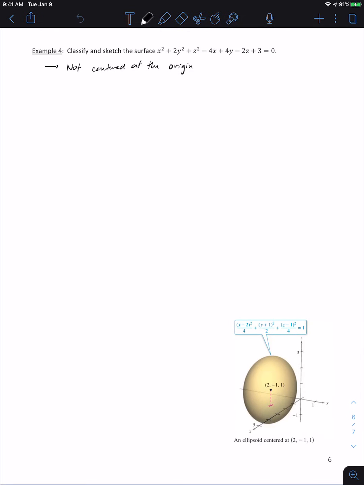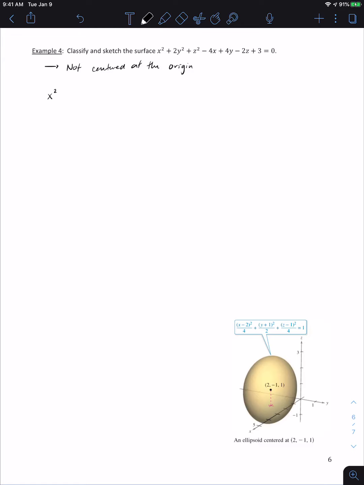And so this is going to be an example where it's centered somewhere else, because I'm going to get an x minus something, a y minus something, and a z minus something, all squared. So what I'm going to have to do in this case is complete the square now 3 times. Here I'm going to collect all my terms together.